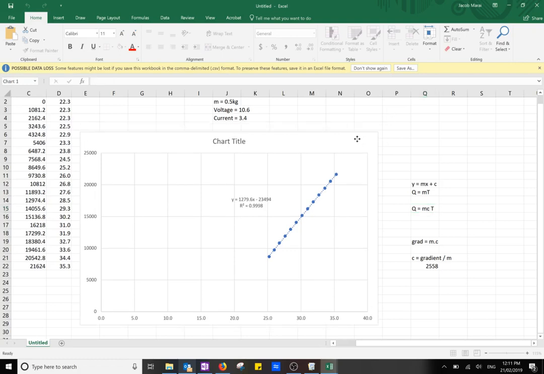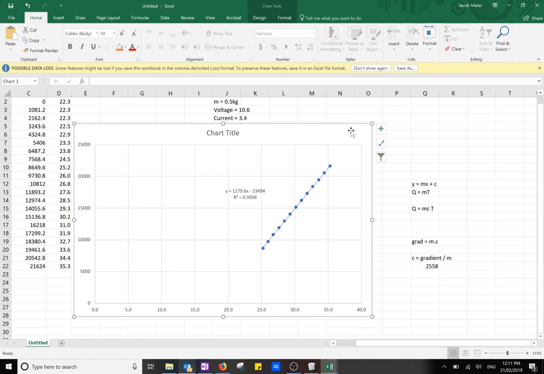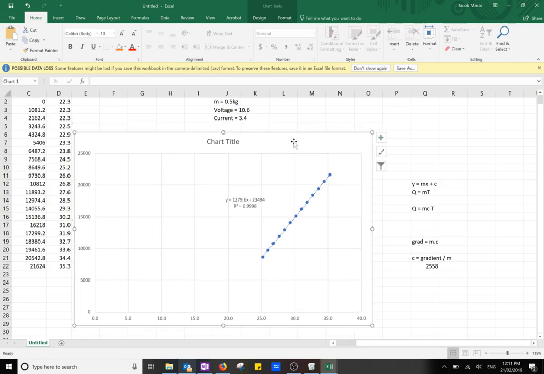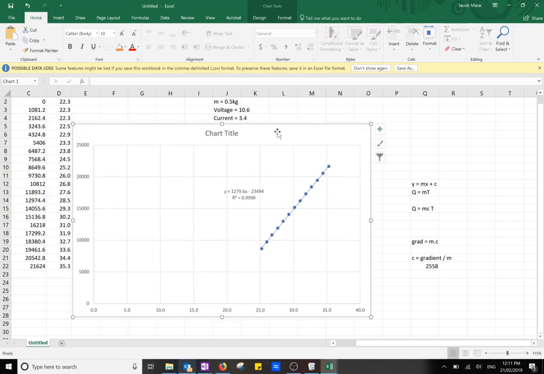So hopefully you found this useful, and in future investigations or experiments you might wish to try and confirm your findings using Logger Pro. Now just be careful, at the moment we are still hand drawing graphs. So if you're doing an investigation or a prac that requires graphs, please be aware that you still have to hand draw your graph.